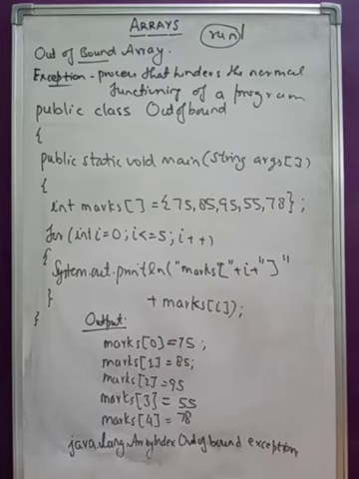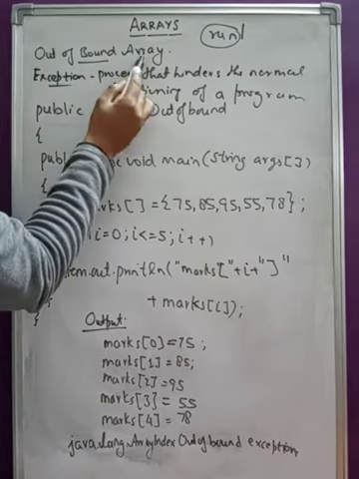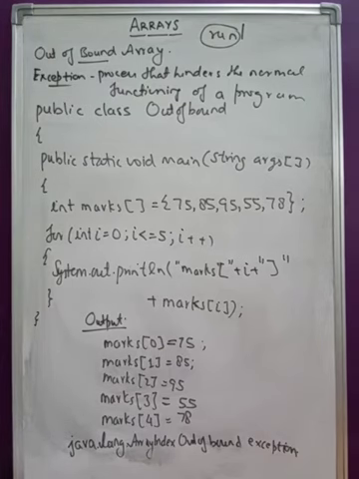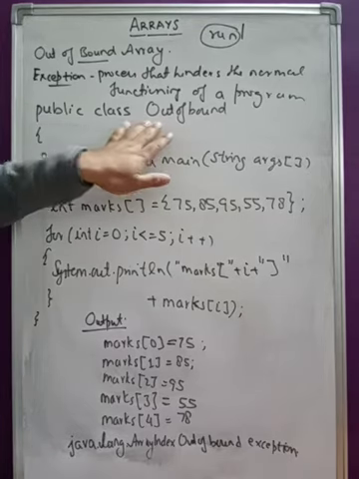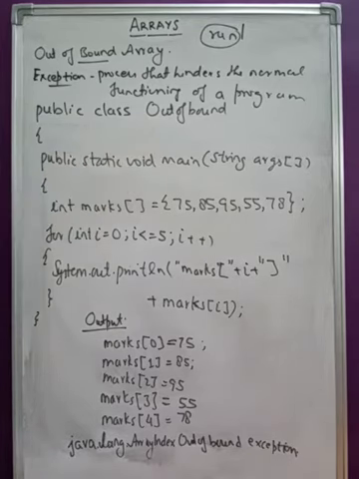That means it is out of the capacity of this array to hold a value at the sixth index. So I am providing you an example for the out of bound exception, where I have first defined a class and then the main function.